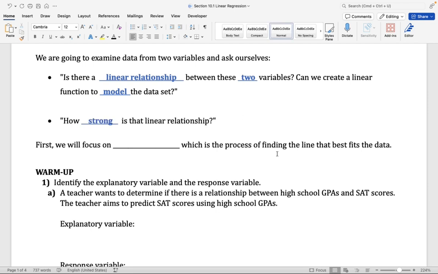To answer this question, we need to look at what we call the correlation coefficient. We're not going to get to answer this question in this lesson. That is coming up in our next lesson. In this lesson, we're going to focus on regression, which is the process of finding the line that best fits the data.